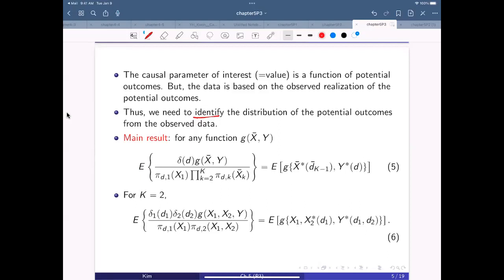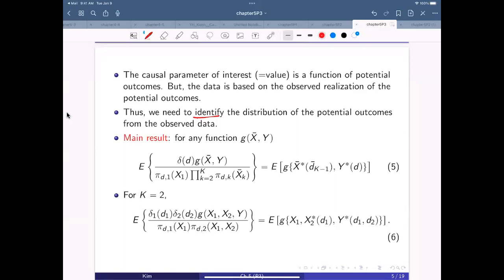As we did in the last class, I'm going to use only k equal 2 to demonstrate the idea without losing any fundamental principle. K equal 2 should be enough to show what's going on behind all this. So if k equal 2, the denominator is just a product of 2, delta 1 and delta 2, and g is any function, and x bar is x1 and x2.